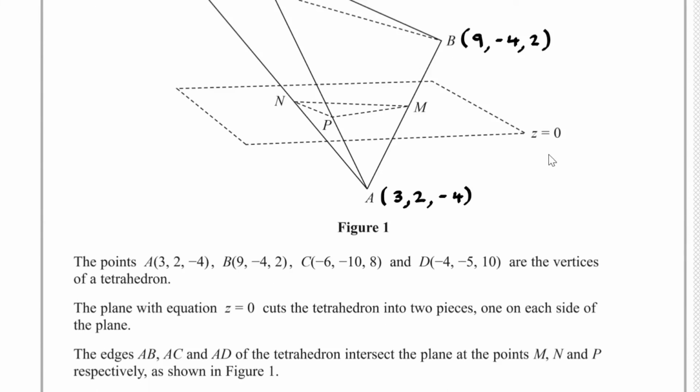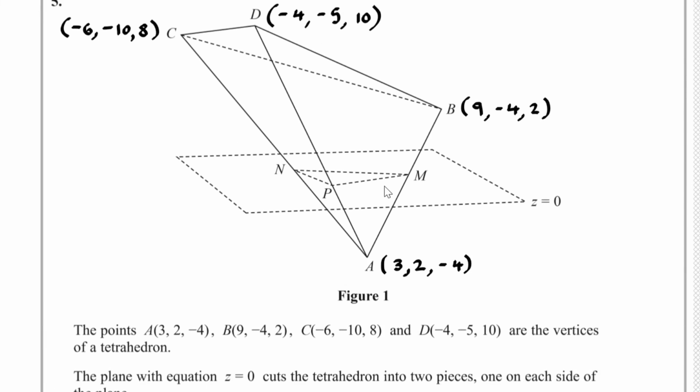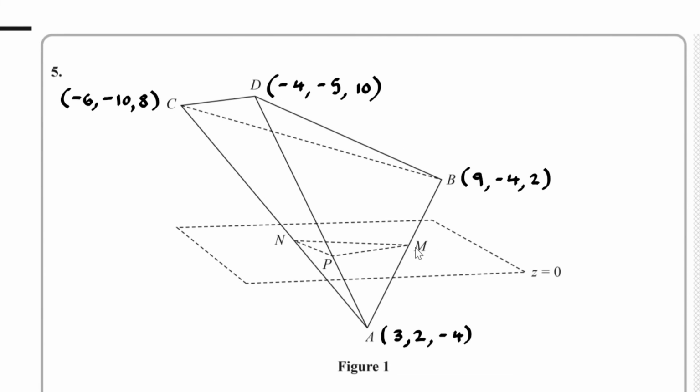So what we can do now is find out those coordinates. We can recognize that M lies on AB, N lies on AC, and P lies on AD. So the line segments AM, AN, and AP are fractions of those lines. So what we can do to begin with is find out AB, AC, and AD.